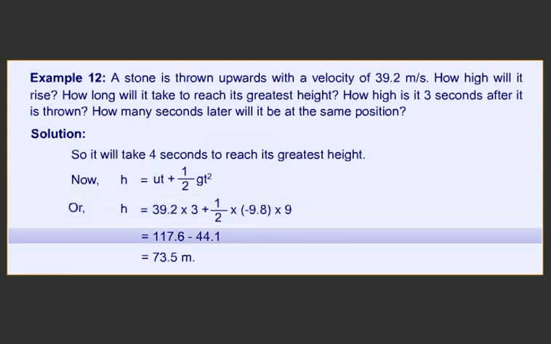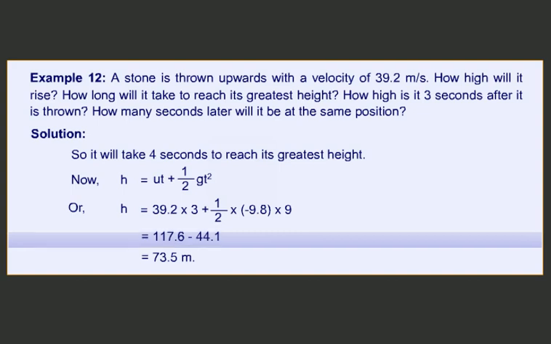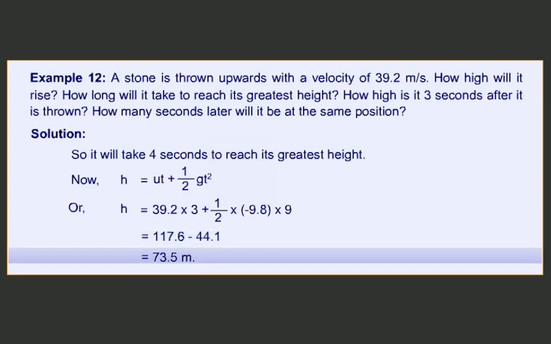This gives us 117.6 minus 44.1, which is equal to 73.5 meter. Students, the stone will rise to a height of 78.4 meter. It will take 4 seconds for it to reach the greatest height, and in 3 seconds it will reach 73.5 meters after it is thrown.